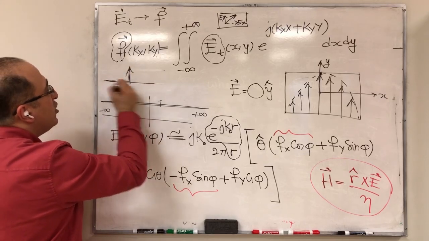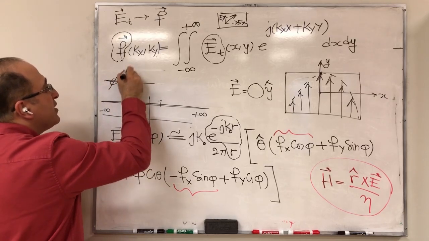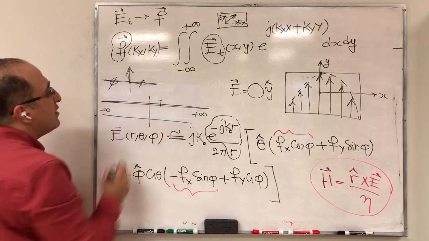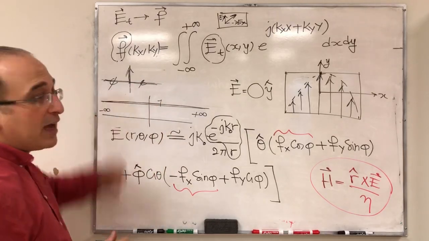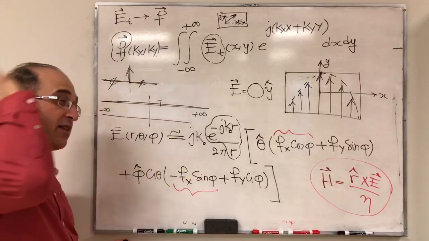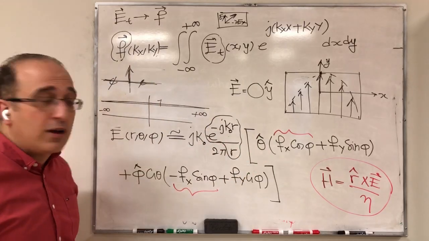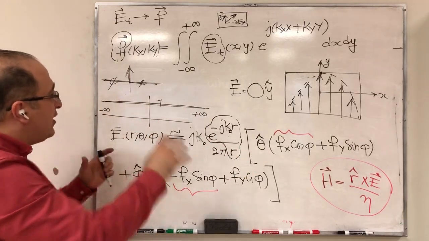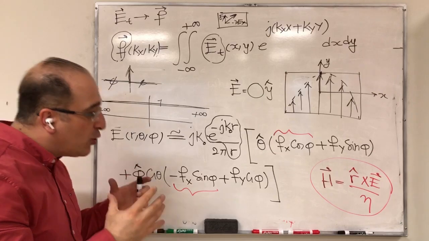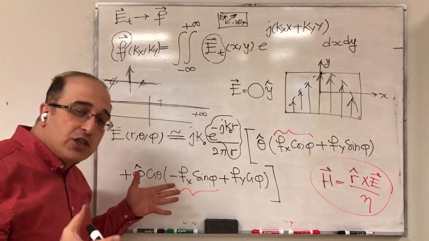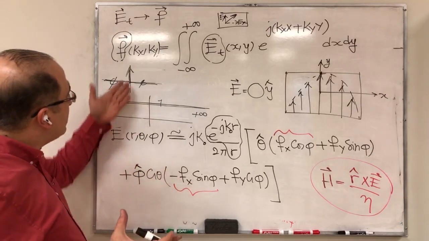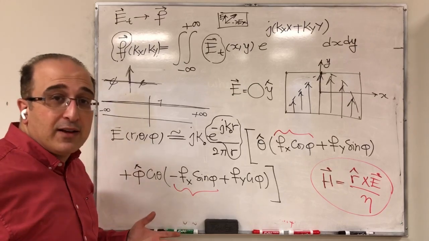That means nothing, and then all of a sudden something, and again nothing. That means you get an extremely directive antenna. So this ideal case that never happens shows you that the bigger the aperture, the more chance you have to have a much more directive antenna.